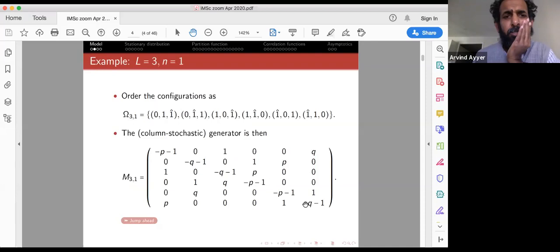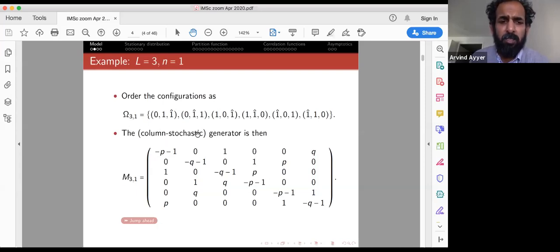So let's just consider a simple example with 3 sites and one particle, one tracer particle, and one vacancy. So then there are 6 configurations which I've listed over here, and I've ordered them in this particular way. And so the generator of this process, I will use the physics convention of making things column stochastic.